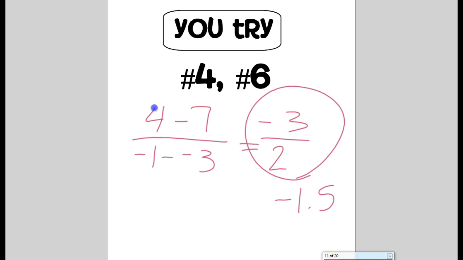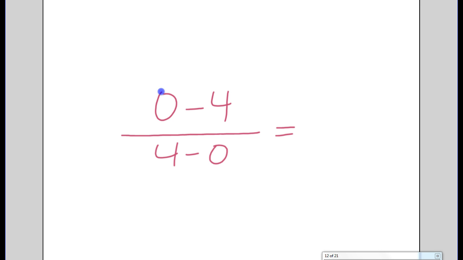Okay, last one, do number 6. If you haven't already done it, that one's easy. Did you try it? 0 minus 4 over 4 minus 0. There's no negatives to contend with. What is delta y? Negative 4.